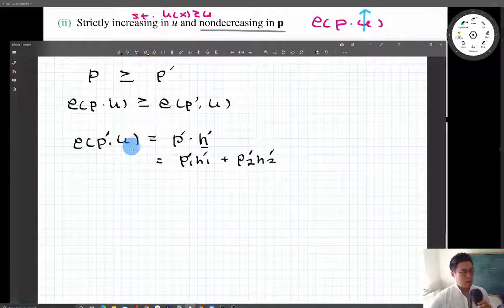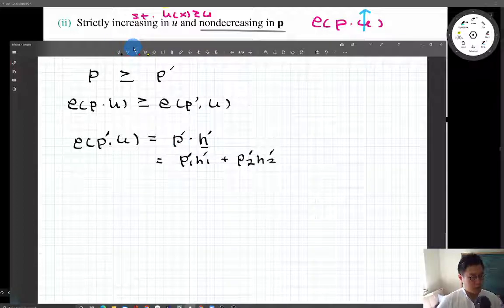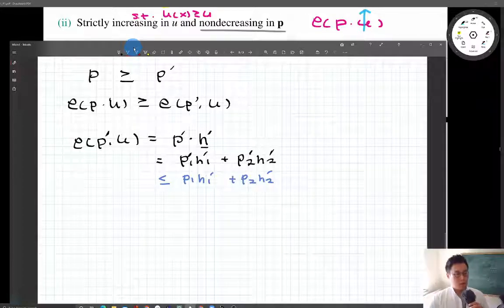Then we know that P is higher than P prime. So we can write it this way, because P1 prime is lower than P1, and P2 prime is lower than P2, because vector P is higher than vector P prime.